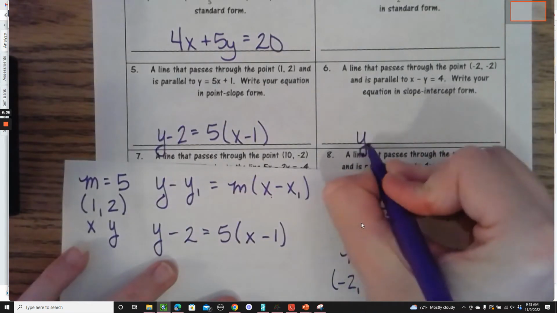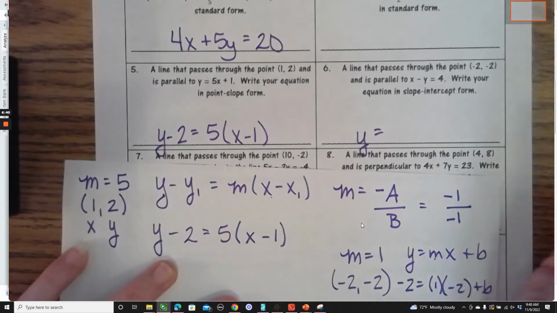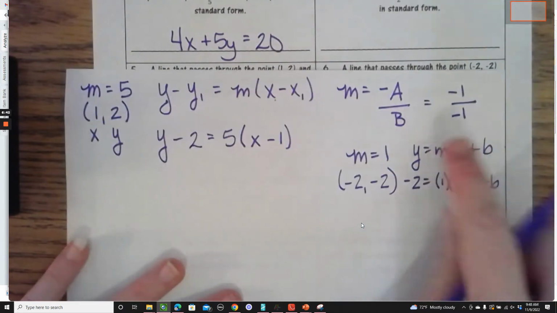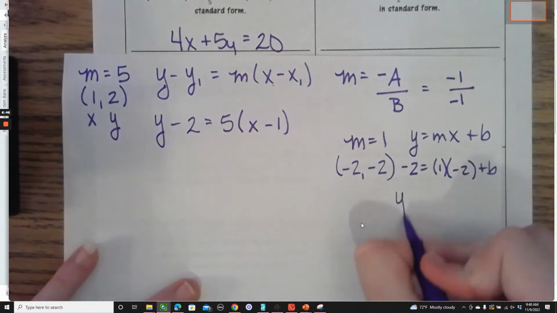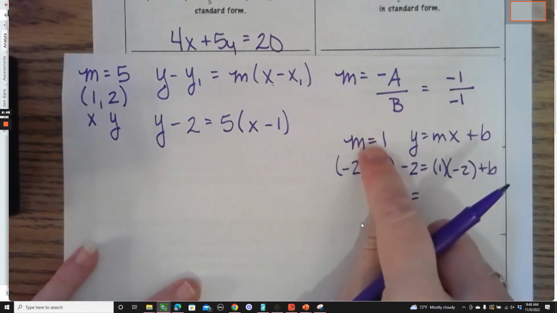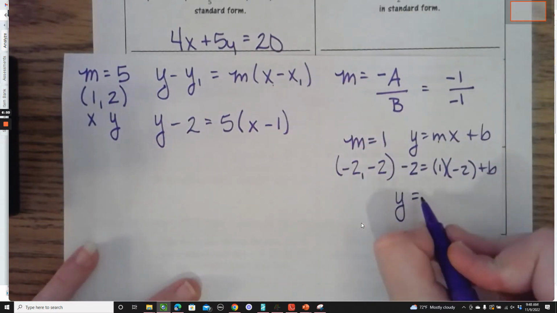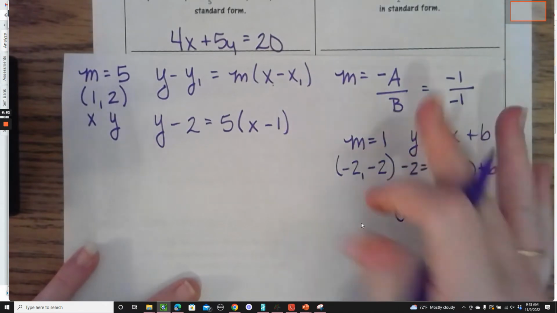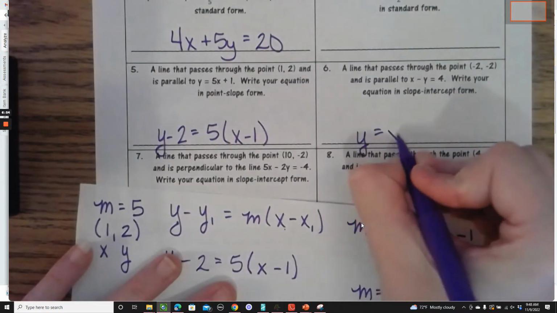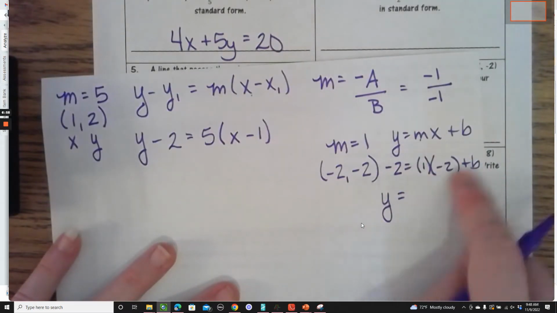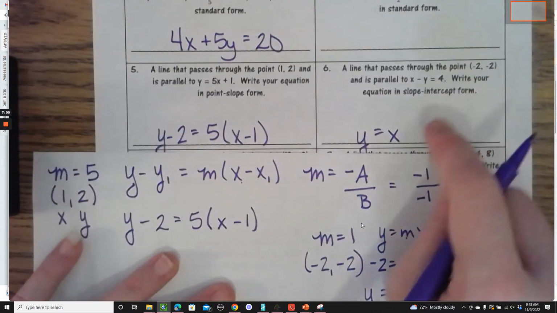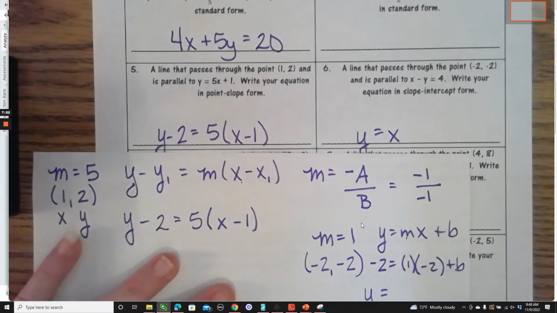It's going to be y equals, what's the m? Do we write 1x? We just write x. And then when you solve this, that's the number that goes at the end there. So that one's halfway done for you.